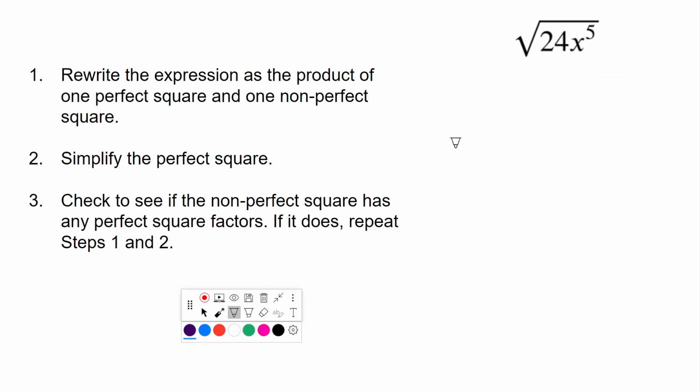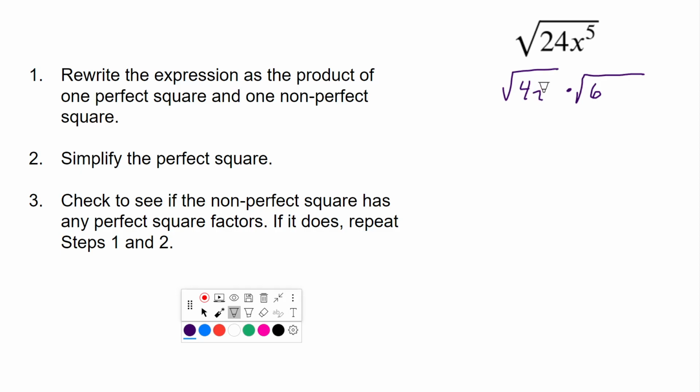If we take a look at 24x to the 5th, that would be 4 times 6, with 4 being the perfect square. Now, x to the 5th, the 5 is not an even number, but I can break down x to the 5th as a product.